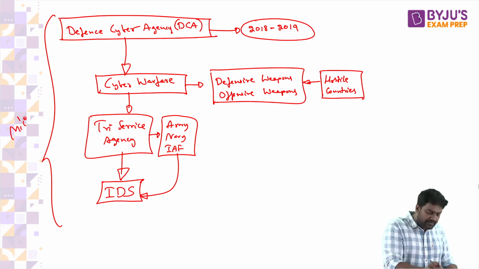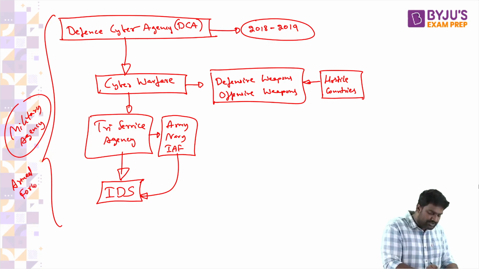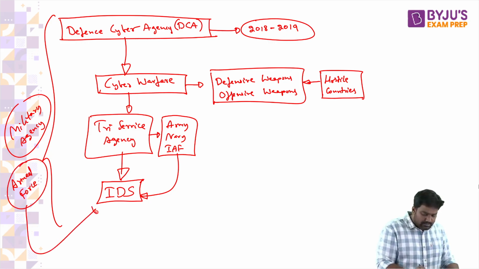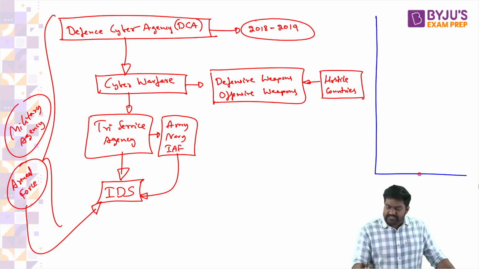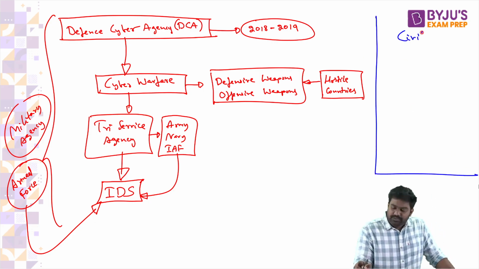So a dedicated military agency has been set up. It is different from your civilian agencies. Please understand that. This is a military agency. It's an armed force comprising of soldiers. All right. Don't confuse this with your civilian agencies, which we discussed already.